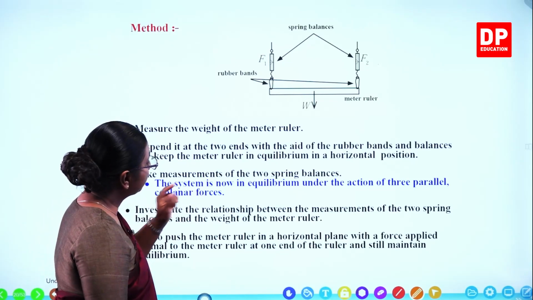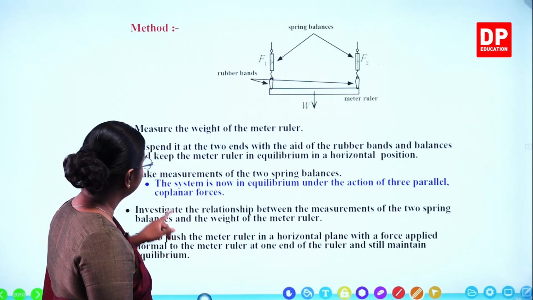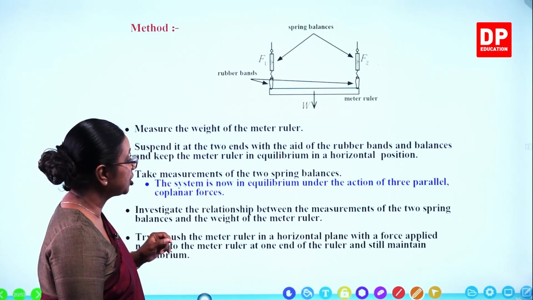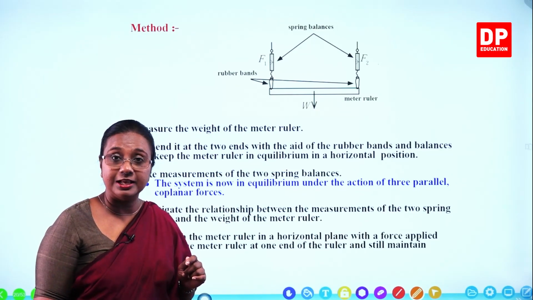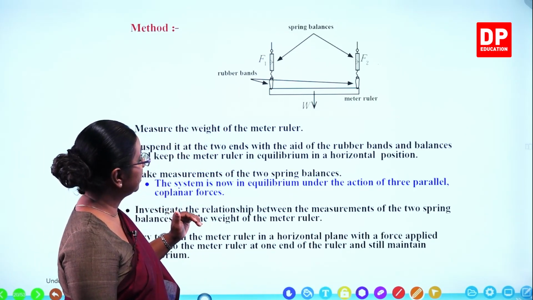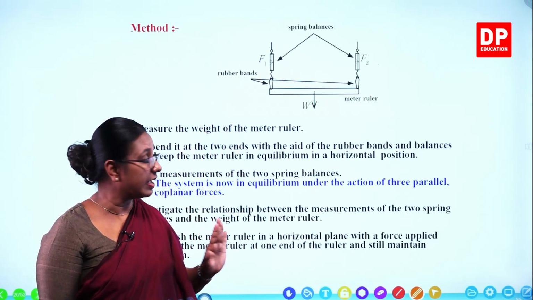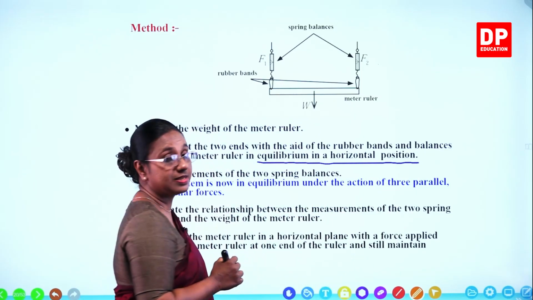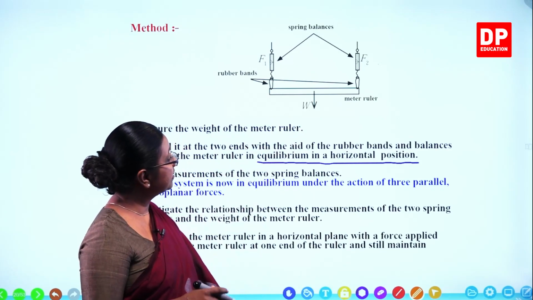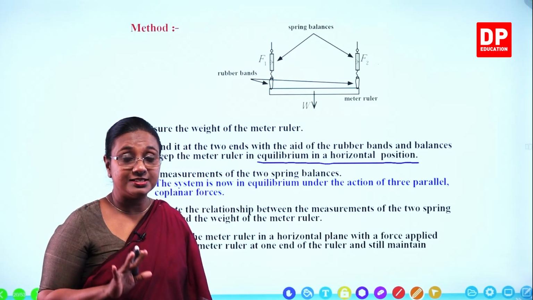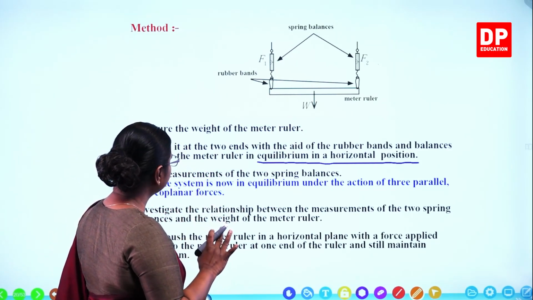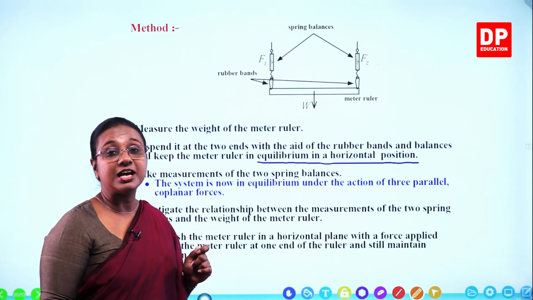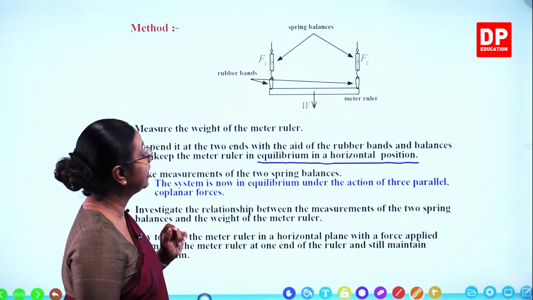Take measurements of the two spring balances. The system is now in equilibrium under the action of three parallel coplanar forces. So once the meter ruler is suspended, you all can see it is in equilibrium at a horizontal position and it is at rest, so there is equilibrium, and during that instance, the system is in equilibrium under the action of three parallel coplanar forces.